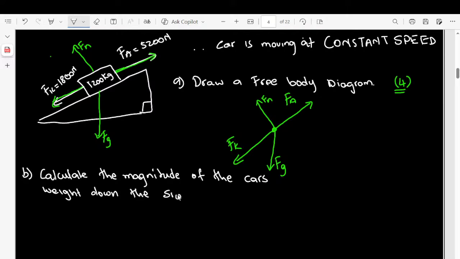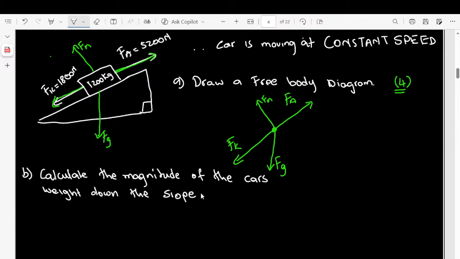Guys, tell me, what should we calculate here? What are they looking for? I know that we are all smart. In the lesson, everyone is smart. But now I need you guys to tell me what you think we should calculate here when they say the magnitude of the car's weight down the slope.